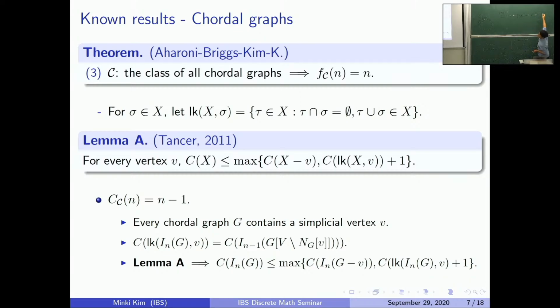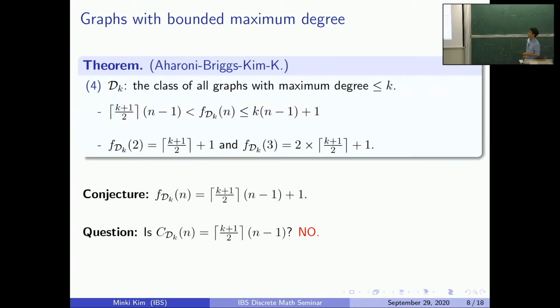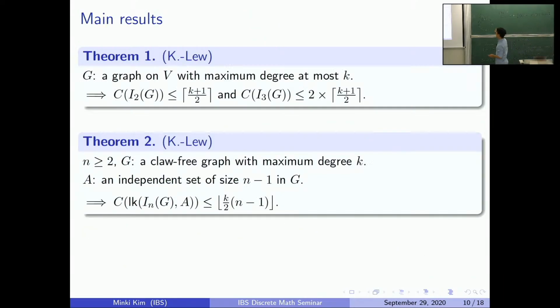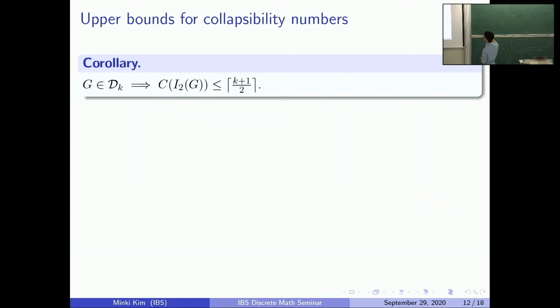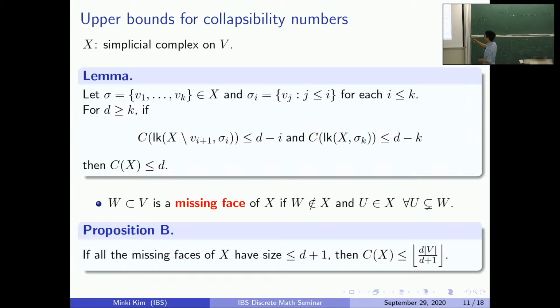Think of x, y. So the first lemma is this, Tancer's lemma. And the second is by applying this lemma A repeatedly, we can prove this lemma for any face in X.